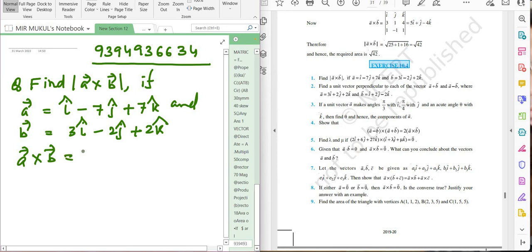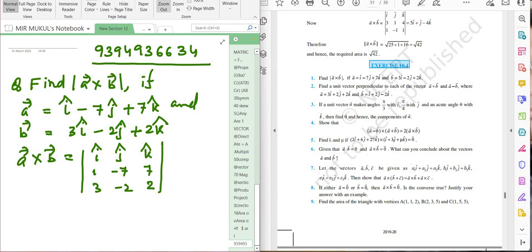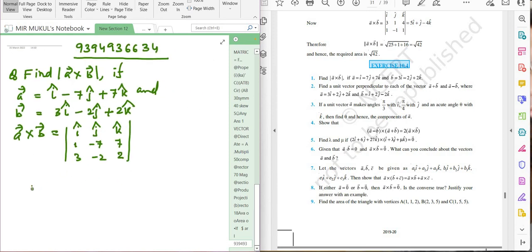So A cross B equals the determinant with i, j, k, then coefficients 1, minus 7, 7 and 3, minus 2, 2. Then break it. For i, we take minus 7, 7, minus 2, 2.